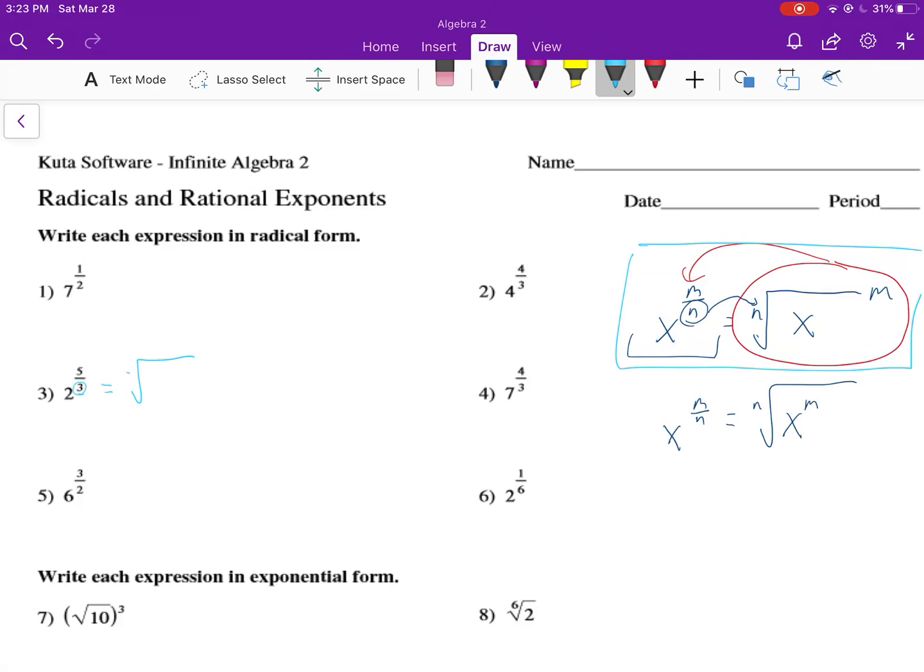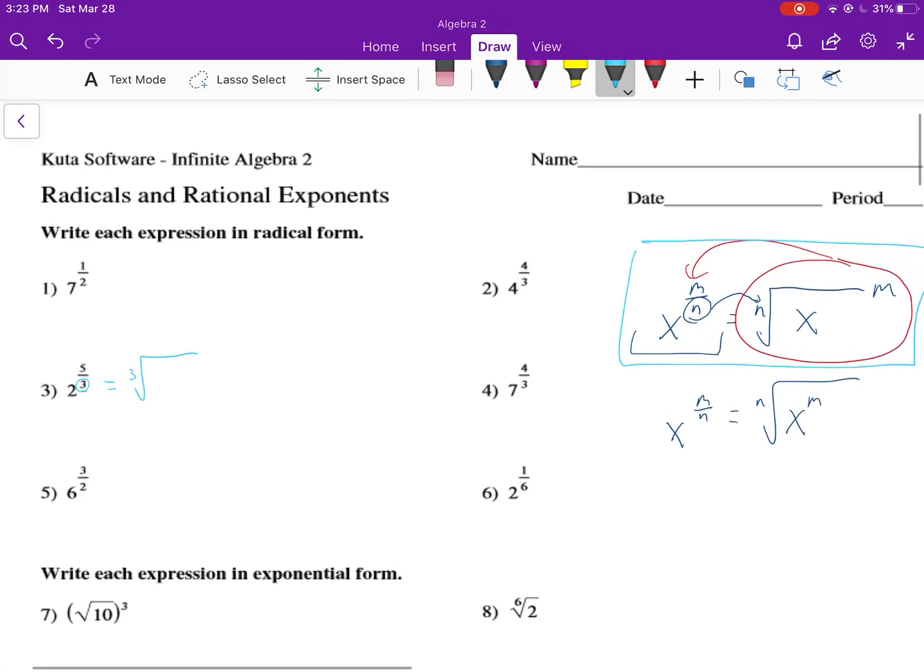So this number goes here, the cubed root of n to the 5th power. Another variation would be the cubed root of 2 to the 5th power in here, which you may end up writing as the cubed root of 2 to the 5th, which is 32. But this is what we're looking for right now for these questions.